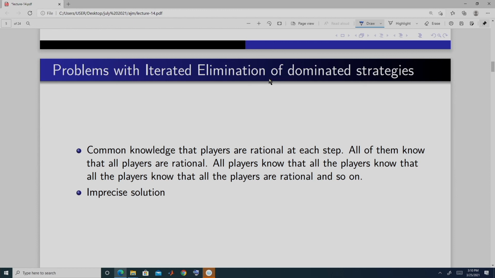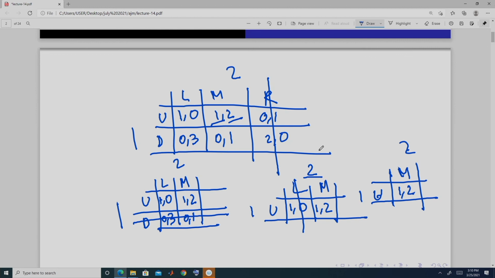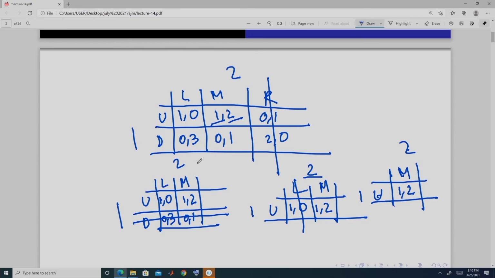First, while doing this elimination in this example, suppose player 2 eliminates this because R is dominated by M, then eliminates this, and then eliminates this, and then we will be at this.